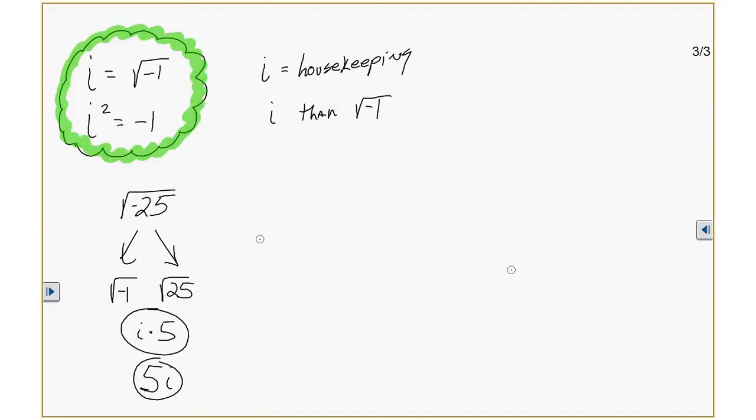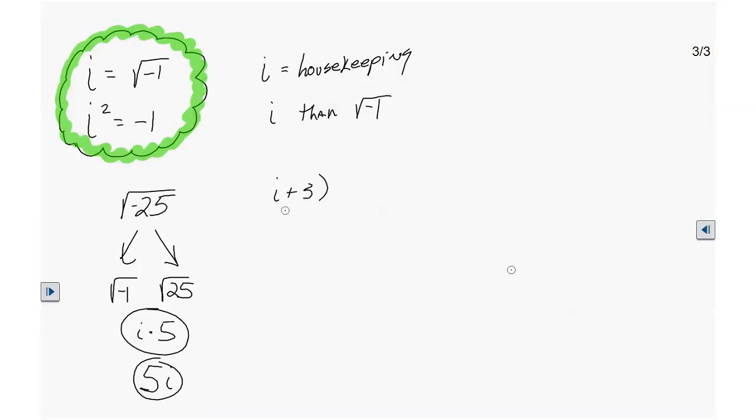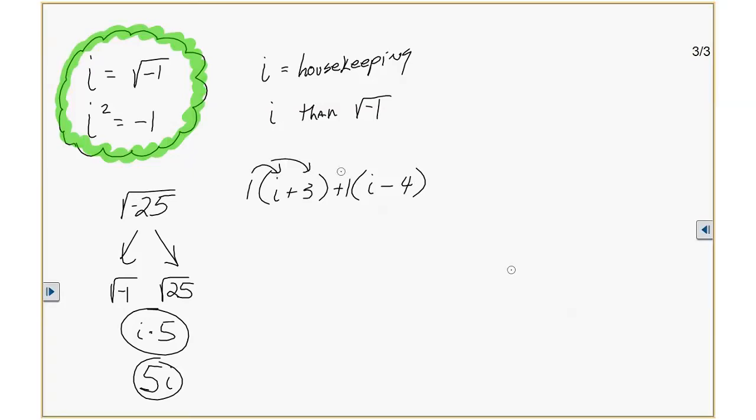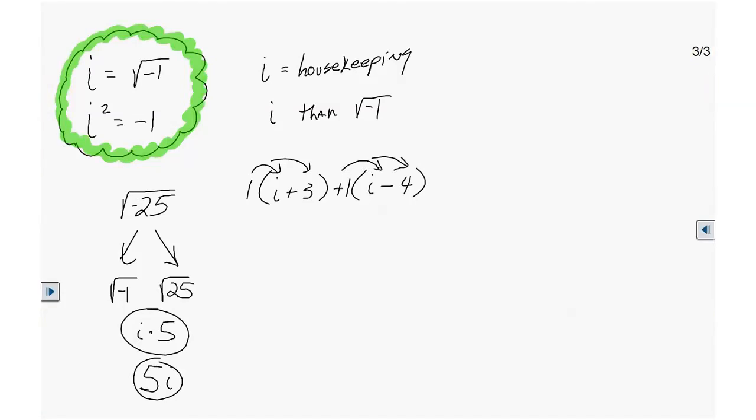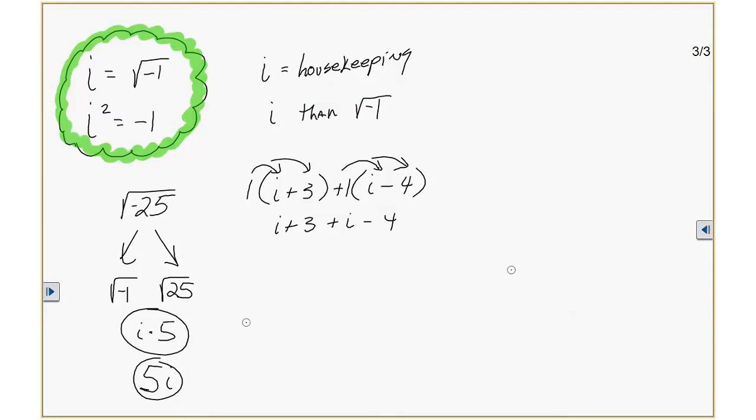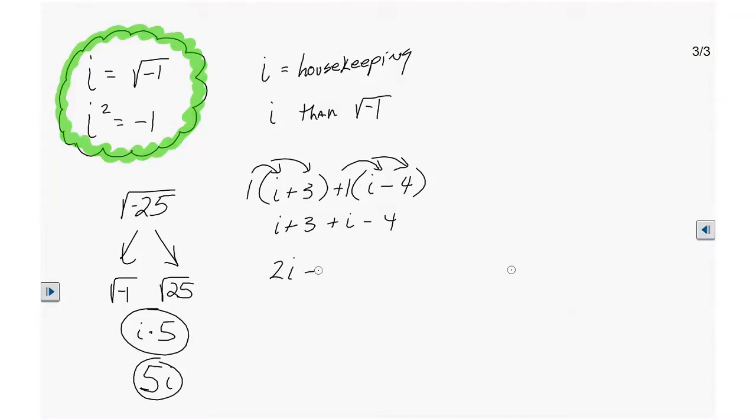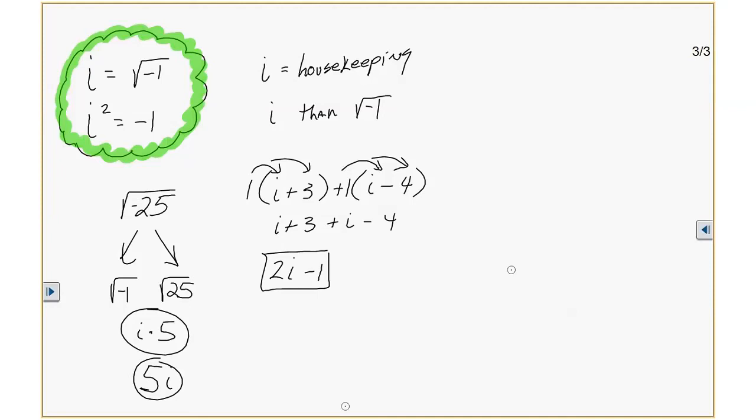Well, if I give you i plus 3 plus i minus 4, then you say, okay, there's a positive 1 there, distribute the 1, and I get i plus 3 plus i minus 4. And what can I do? Combine what? 2i minus what? It's a whole lot neater to deal with i than it is to deal with the square root of -1. That's the only reason we have i.